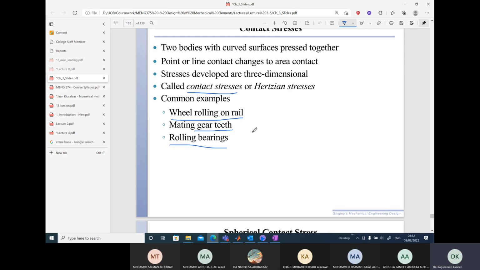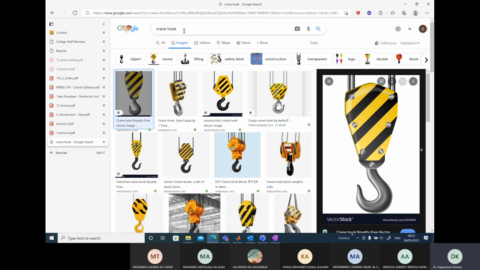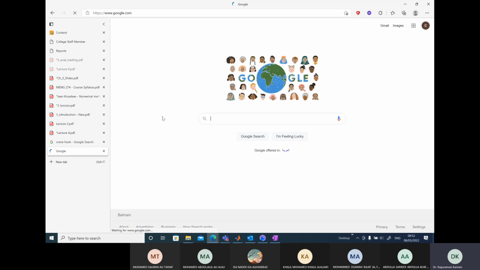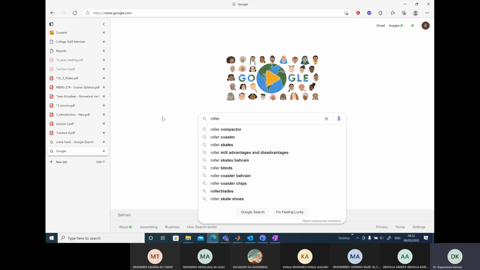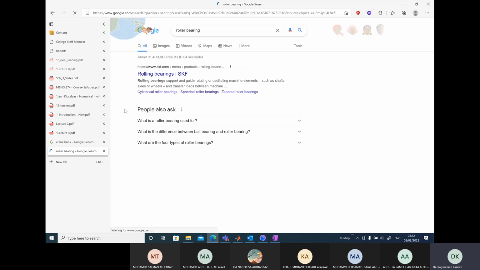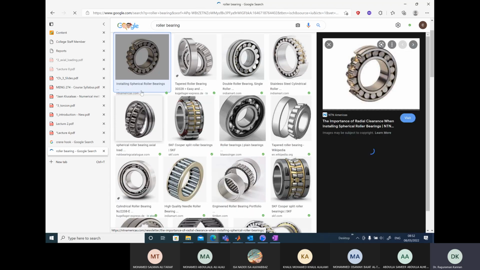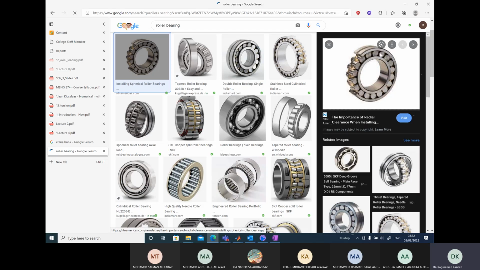Inside the bearings, you have balls or rollers rolling between two different races. Let me show you the picture and then you will understand what is the case here. So clearly you can see in this picture, you have different roller elements.